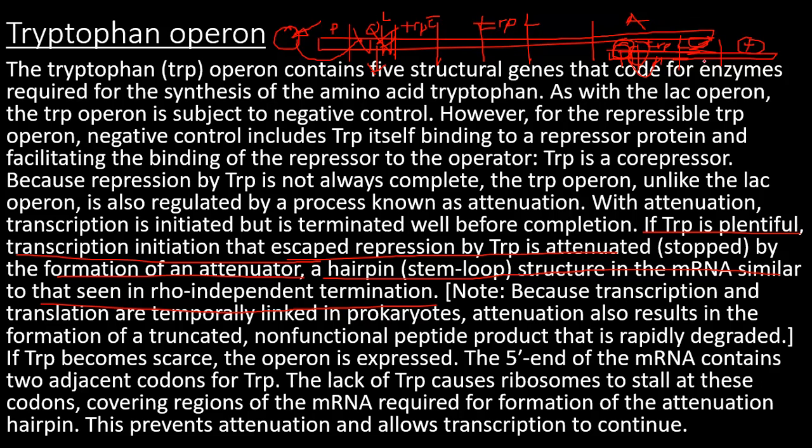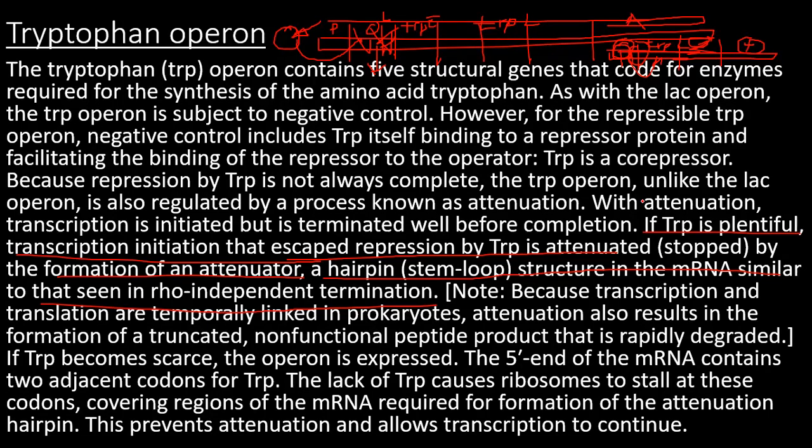Only one loop will be formed, between region 2 and region 3, and that stem loop will now allow a full length messenger RNA to be transcribed.